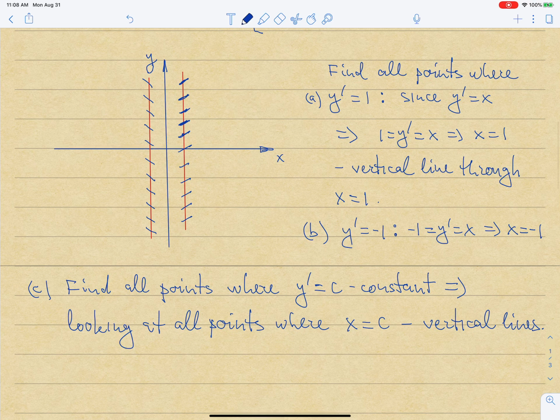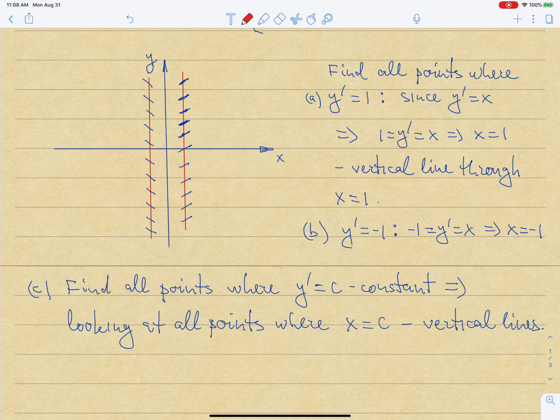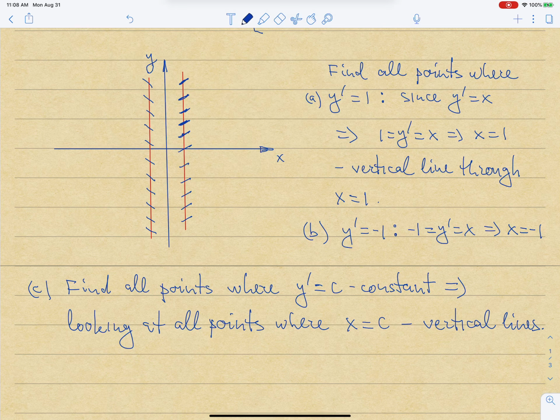So, for instance, if I'm looking at the y-axis, what do I know? I know that x is equal to 0, right?